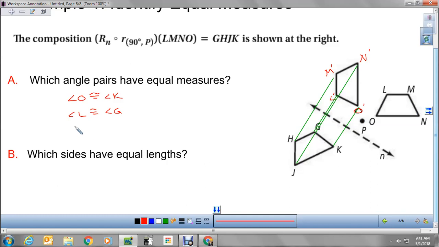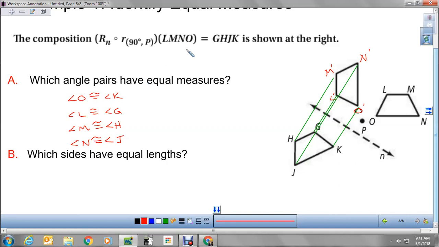We have M. M is over here, M prime, so that's going to be congruent to H. And the last one here would be our N. And N is going to be congruent to J.